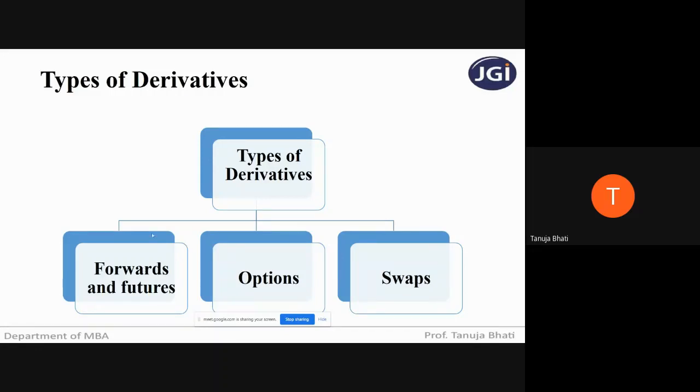Next is futures contracts. A futures contract is again a contract between the buyer and seller, which has an expiry date, that is, up to a certain period of time. The buyer and seller will enter into it, and again they have two participants, the buyer and the seller. In futures contracts, what happens exactly is it is a standardized contract.